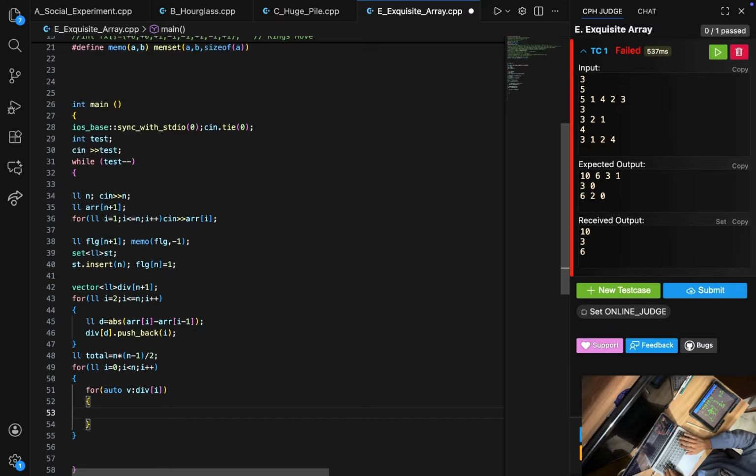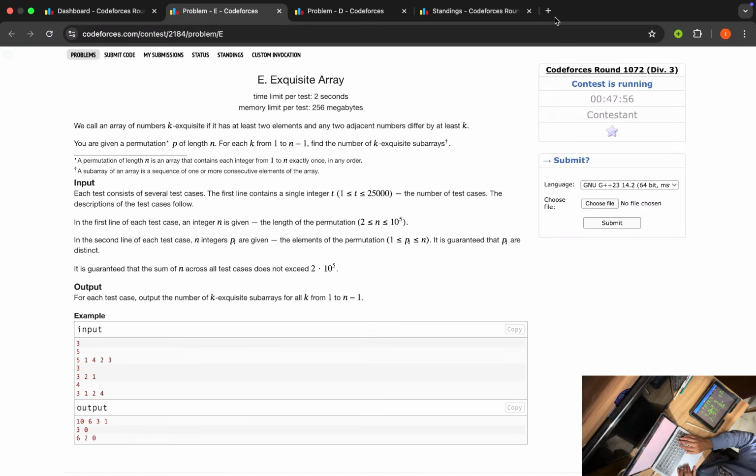To find the range, find the lower bound. I've forgotten something.